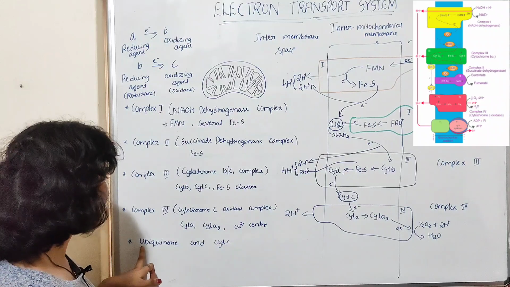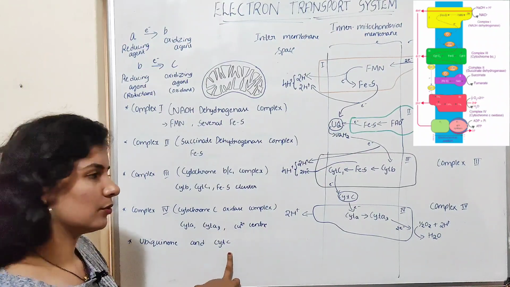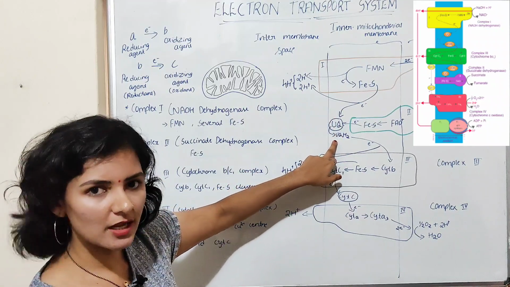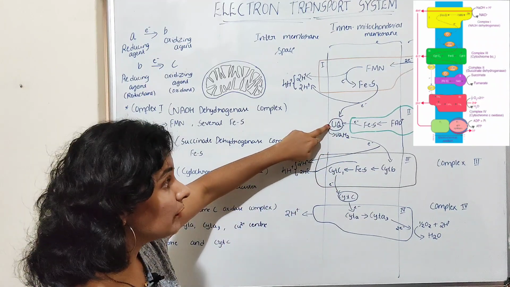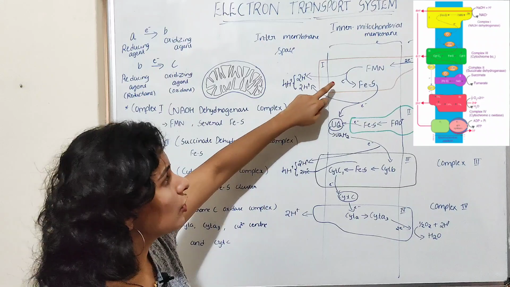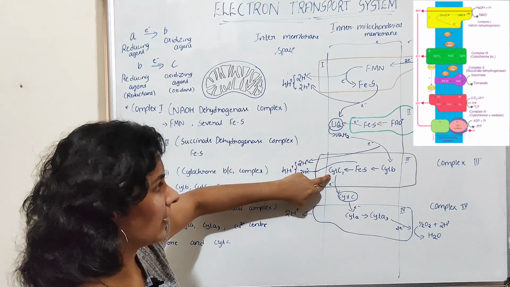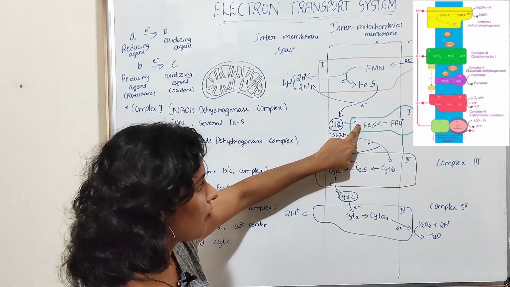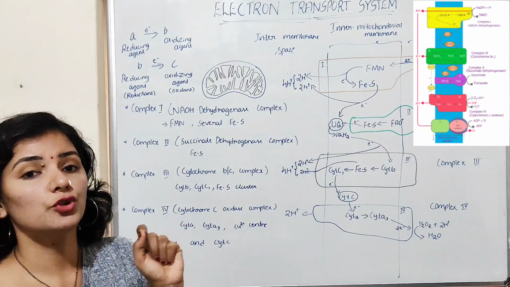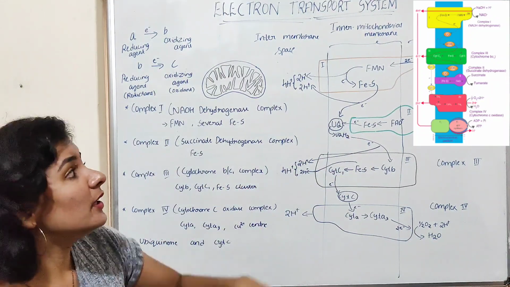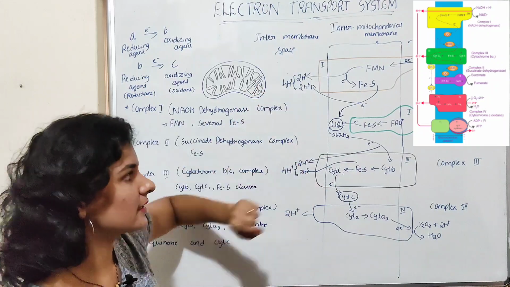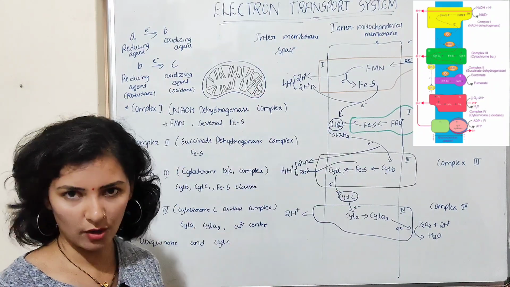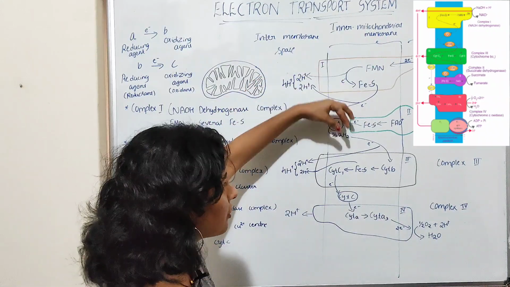An example for that is ubiquinone and cytochrome c. As you can see in this diagram, this is ubiquinone, which is a mobile carrier, and it connects complex 1 and complex 3. It also receives the electron from complex 2, so it connects complex 2 and complex 3. So ubiquinone will transport the electron from complex 1 to complex 3, as well as from complex 2 to complex 3, by diffusing through the membrane.